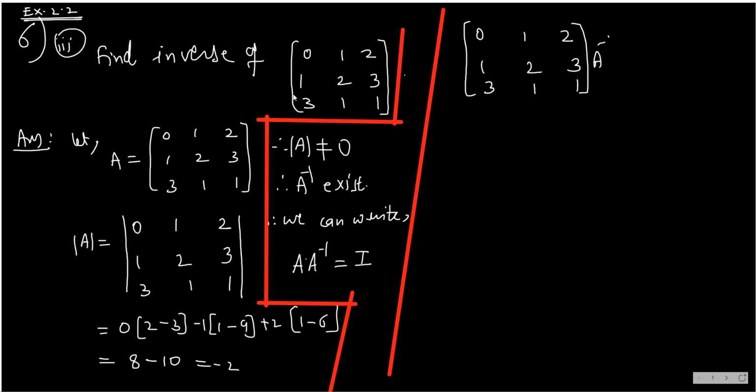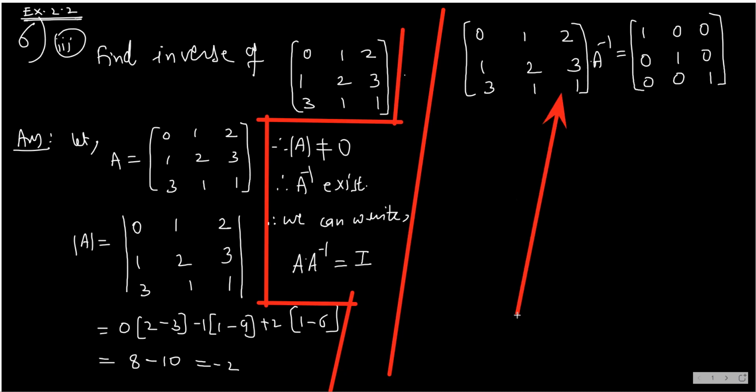The method says that this matrix you will transform into identity matrix using row transformation. And while you are using those row transformations for converting this into identity matrix, you will use the same row transformations here. So let's begin here. So see the first one.